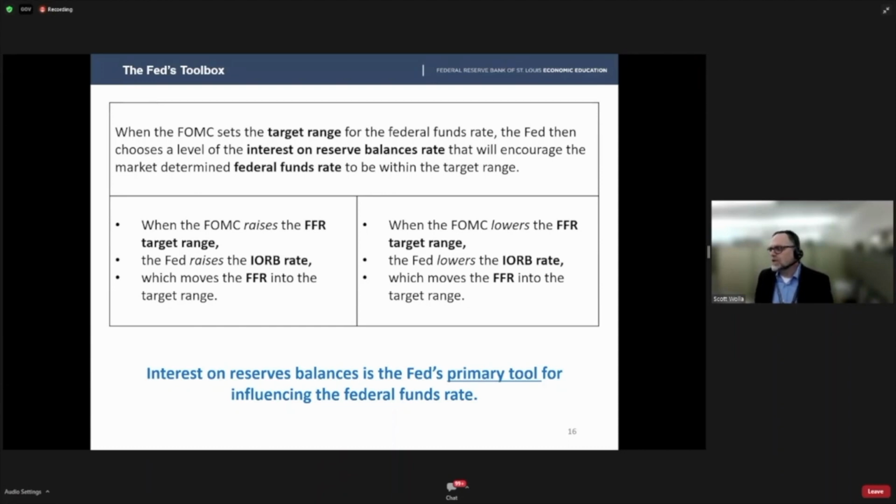Okay, so instead of going into the open market and buying and selling treasuries to shift that supply curve back and forth, the Fed simply adjusts the interest on reserve balances rate, and the federal funds rate follows. Okay, so when we say that the interest on reserve balance rate is used to steer the federal funds rate, that's really what it's doing. So interest on reserves is the Fed's primary tool for influencing the federal funds rate.